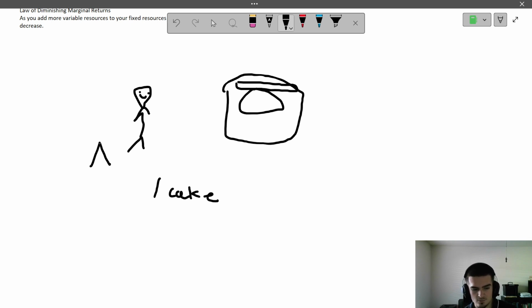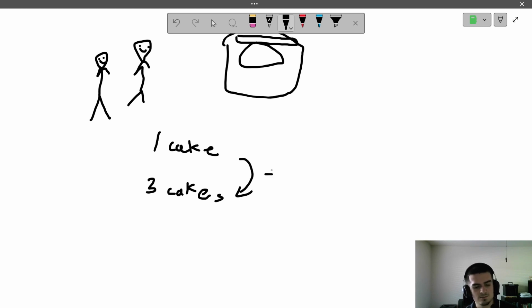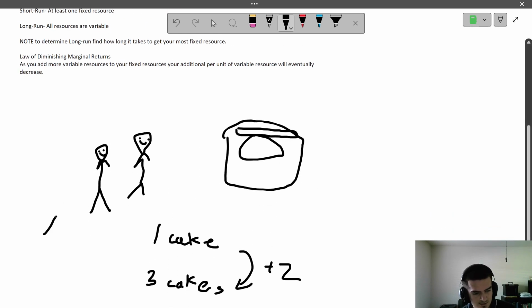Let's say you add another worker. Now this guy has a lot more help, and he can specialize in something in the kitchen, and they can make 3 cakes in an hour. So the increase between the workers is +2. And then let's say we add another worker.